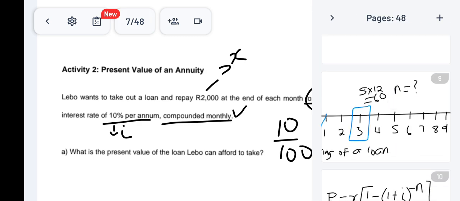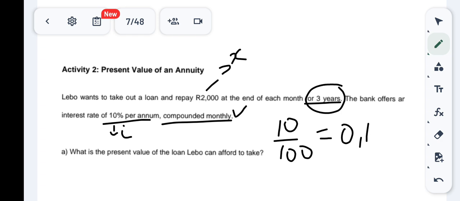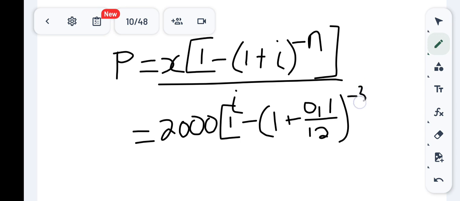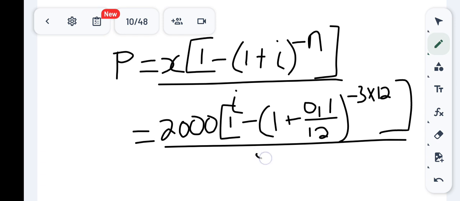So it's 2,000 times 1 minus (1 plus 0.1 divided by 12) to the exponent negative 3 multiplied by 12, all over 0.1 divided by 12.